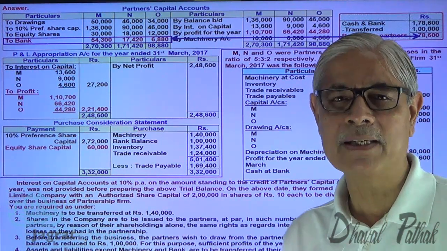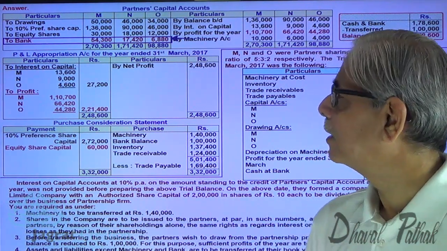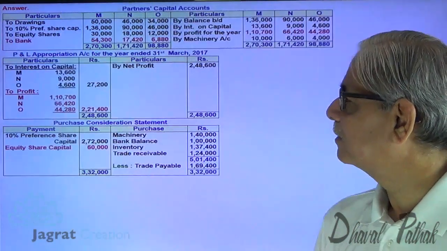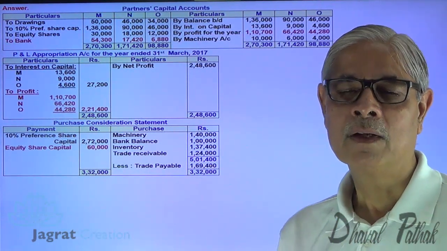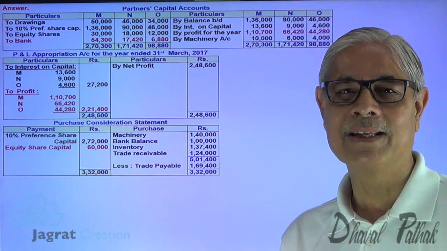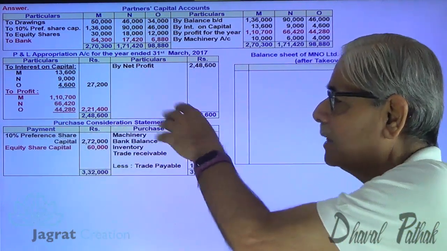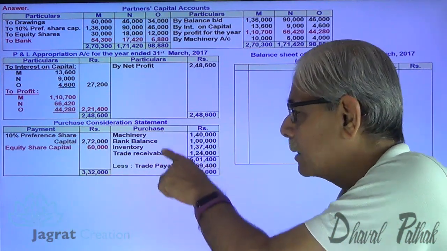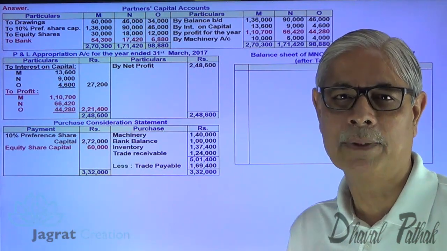Now let me represent the same details on the next screen. This is the solution that I have prepared for you. Now I am required to prepare the balance sheet in the books of the company. This is the balance sheet that will be prepared on the basis of this purchase consideration. These are the purchases made by the company. This is the liability purchase. This is the payment made by the company.